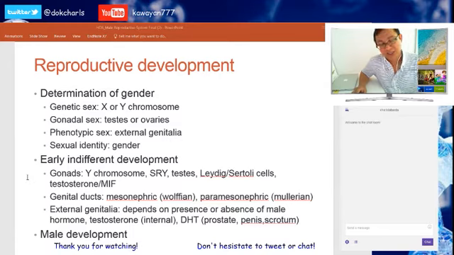Even if you are genetically male, even if you have a Y chromosome and a testis, if your body is not responsive or you have an absence of your male hormone, your testosterone, and your more potent form, dihydrotestosterone, there will be lack of development of internal male reproductive organs and also of your prostate, your penis, and your scrotum.